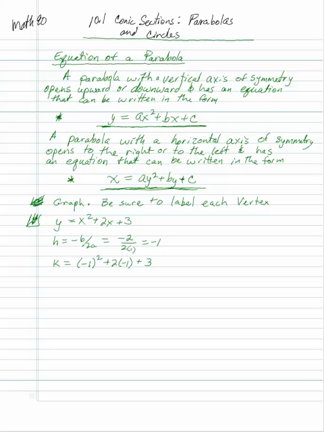So we get 1 minus 2 plus 3, which is 2. Okay, so the vertex is going to be negative 1, 2. So we plot that, negative 1, 2.